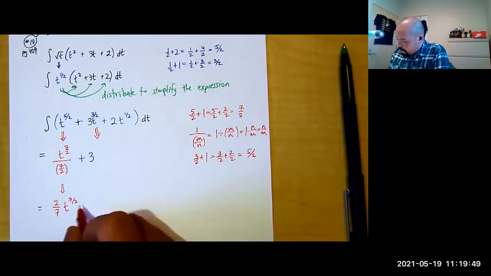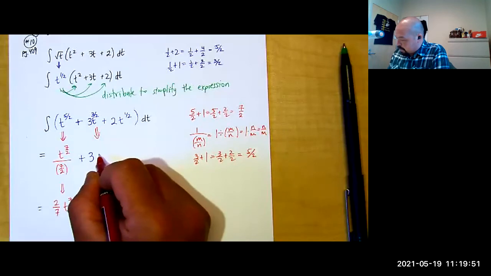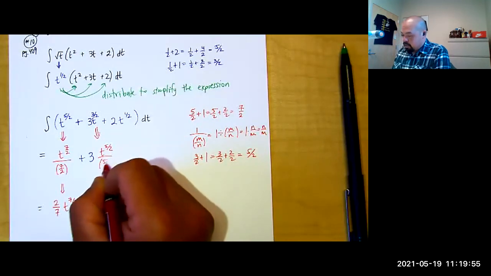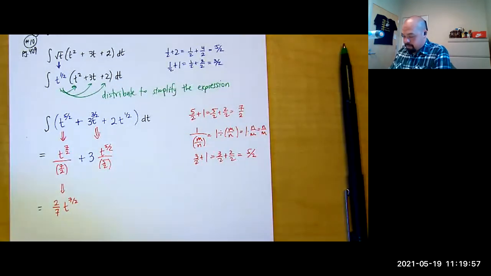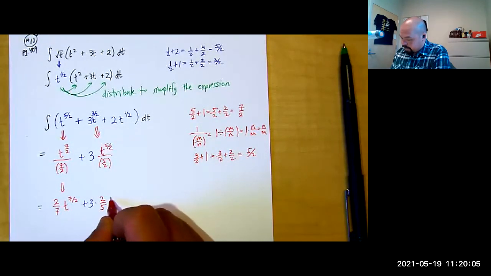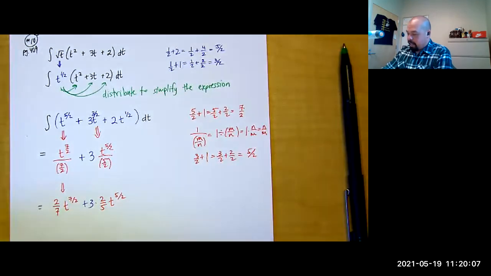Okay, so it's plus 3 t to the 5 halves over 5 halves. So when I multiply this through, let me do one more step here. 2/5 t to the 5 halves power.